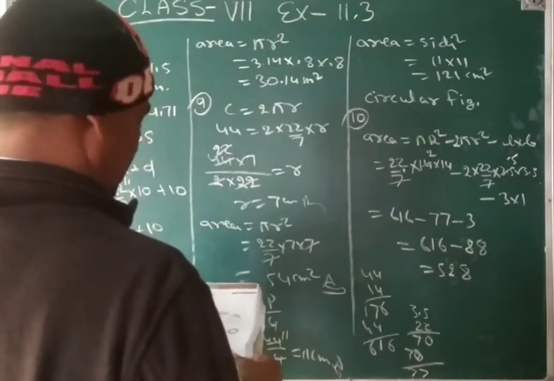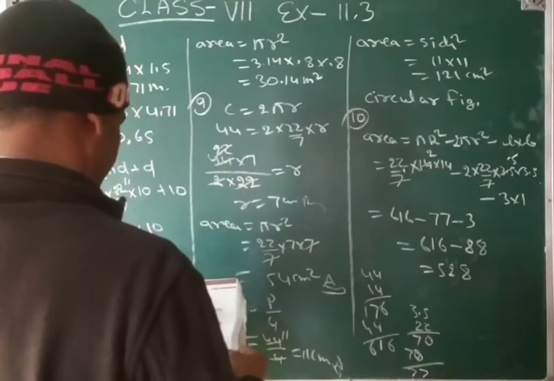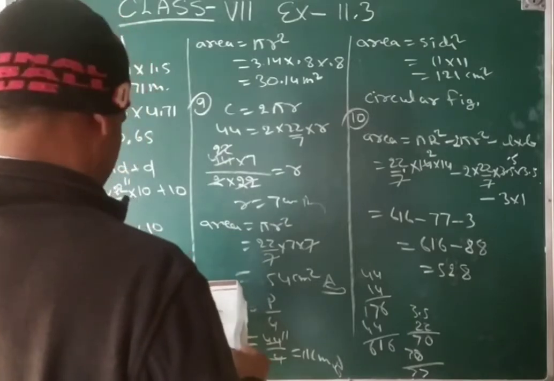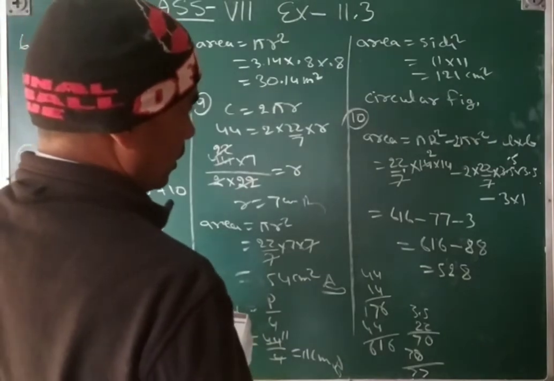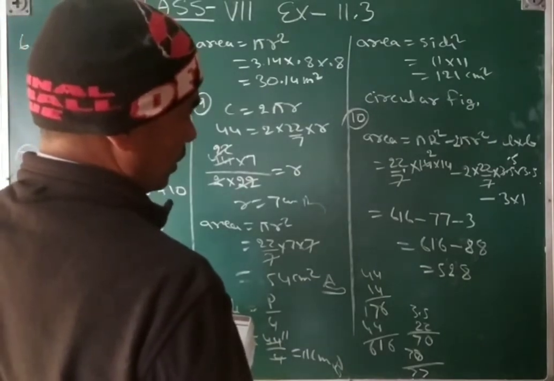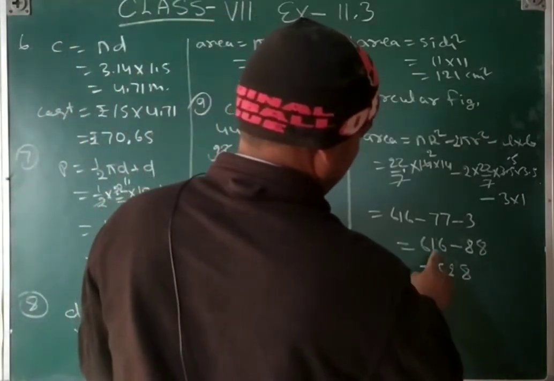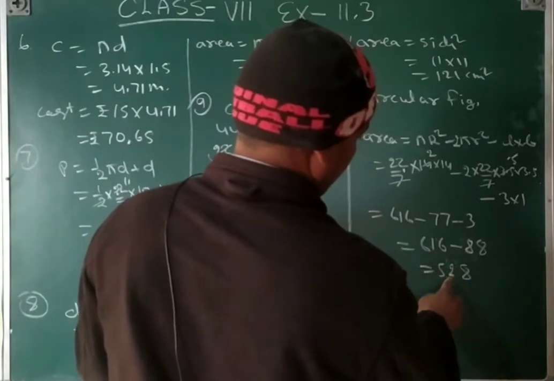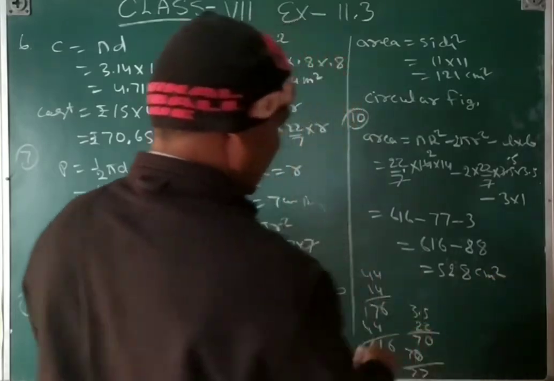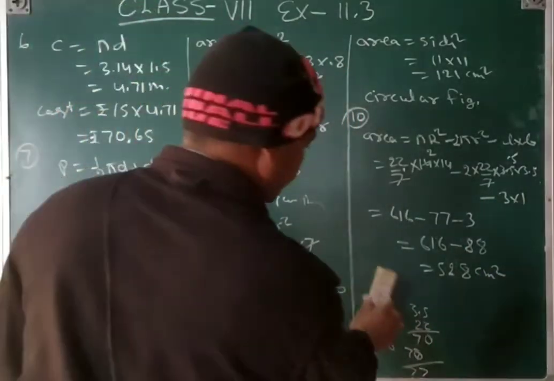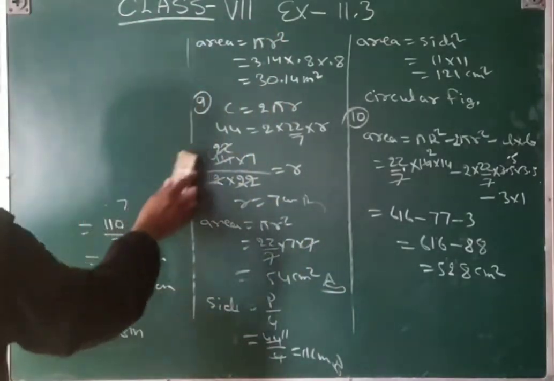So 14, 3.5, 3 into 1 is 3, and then find the remaining sheet area. 22 upon 7, okay, 16 less 8 is 8, and then that is 10, 10 less 8 is 2, and then this is the 5, that is centimeter square. You can check the calculation here also. Something can be left out, or a wrong answer can be given in your answer sheet.